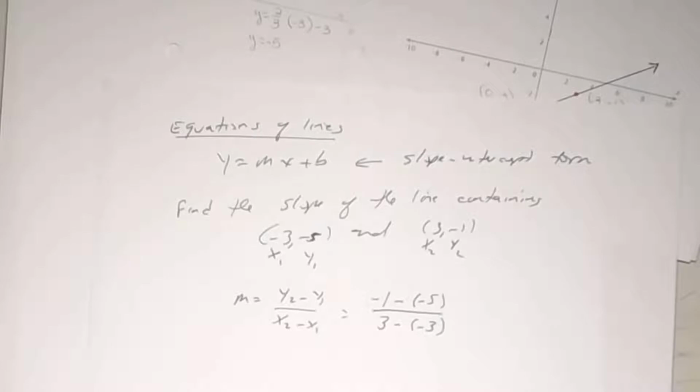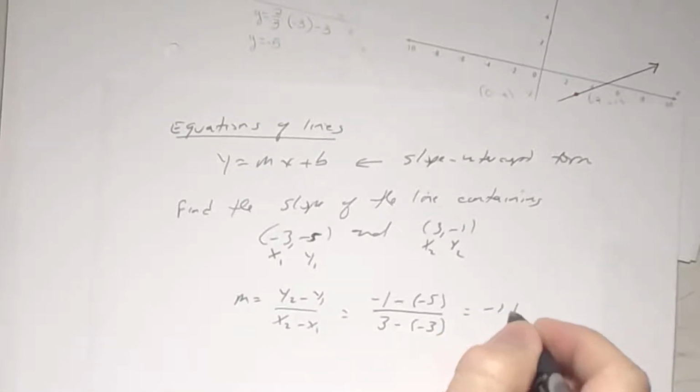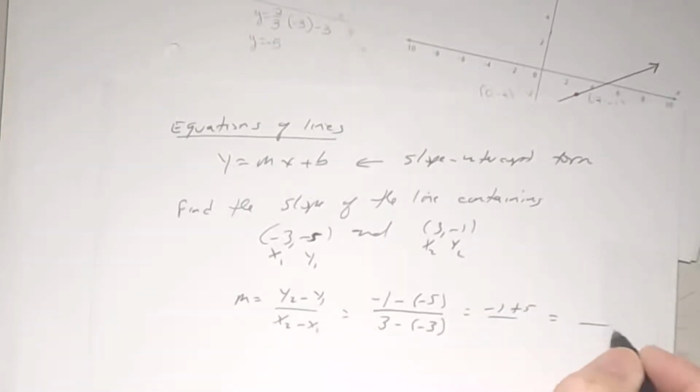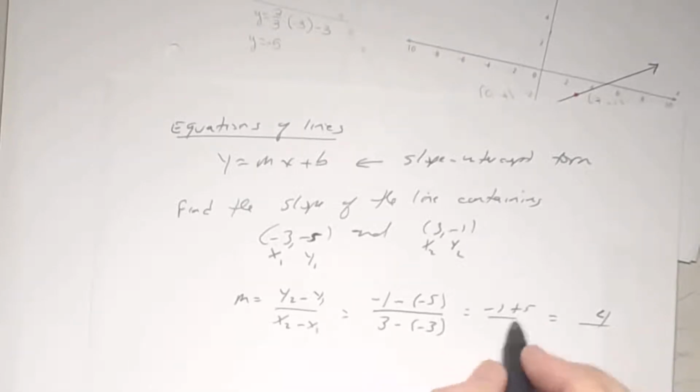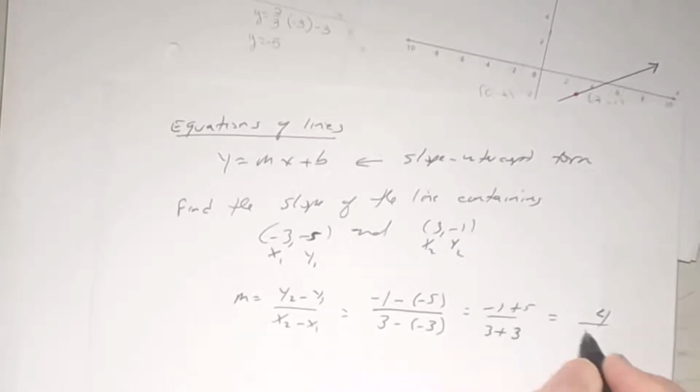So -1 subtract the -5 is -1 plus 5, which is 4. And the denominator, 3 subtract the -3 is 3 plus 3, which is 6. When I reduce, that's 2/3. So the slope of that line is 2/3.